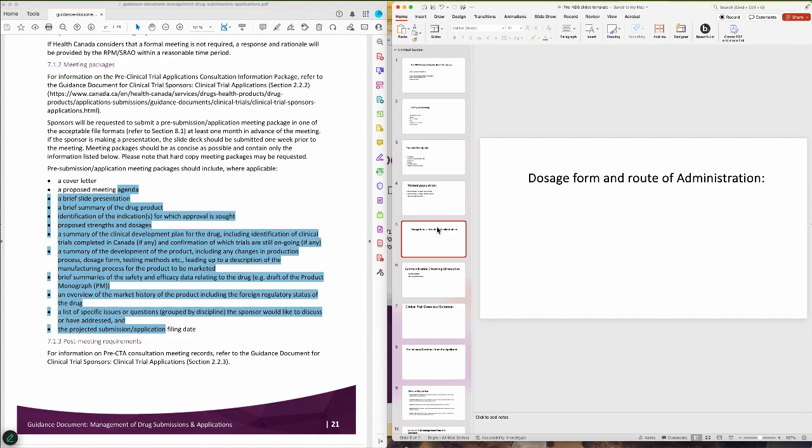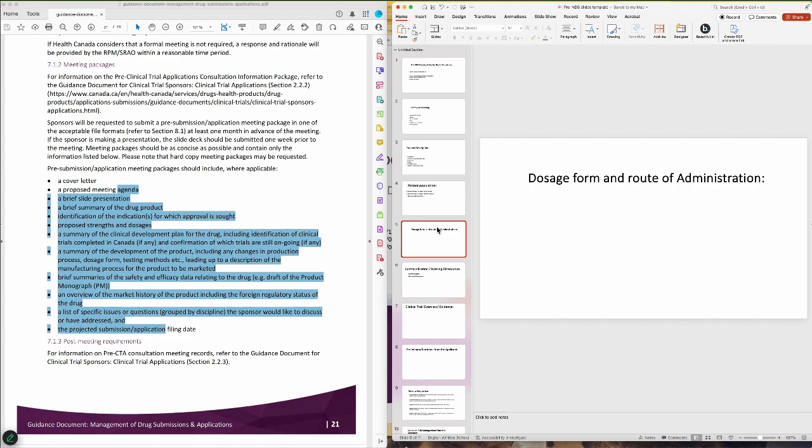For dosage form and route of administration, we can also refer to a publicly available website, clinicaltrials.gov, where we may find study protocols for testing your drug, which is not yet on the market, but that protocol still has enough information that is publicly available.